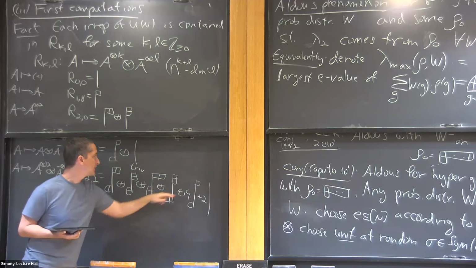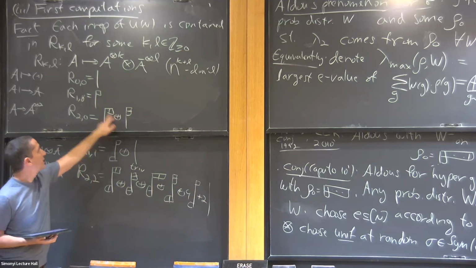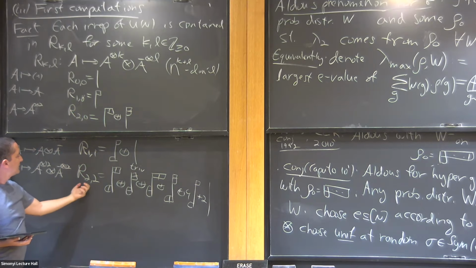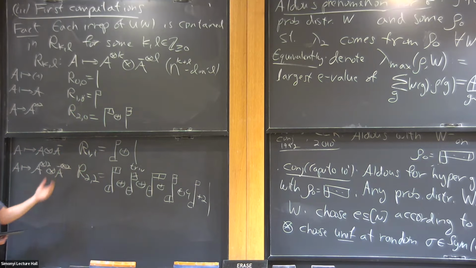It's always balanced. Here the sum is always 2, here the sum is 1. It's like the difference. And in R_KL, the positive weights are at most K and the negative weights are at most L. These are precisely the conditions that tell you which representations are contained in R_KL.